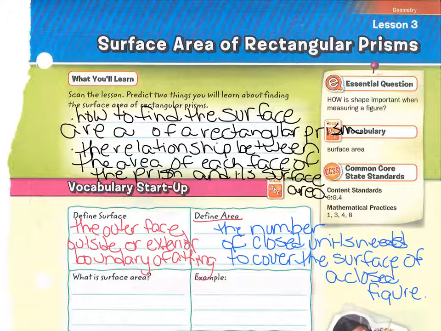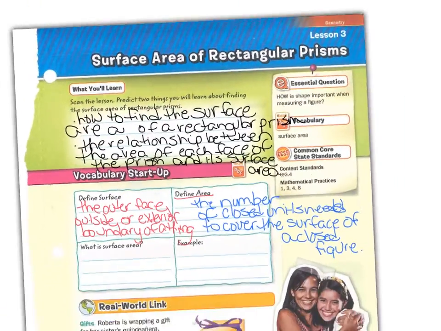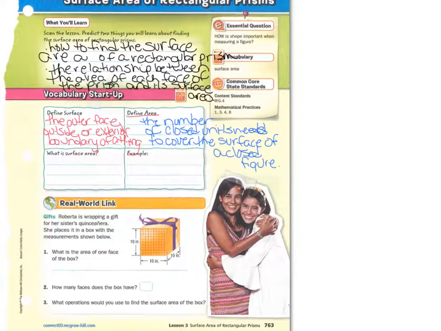And then what is surface area? Surface area would be the sum of all the faces or surfaces of a 3D figure.